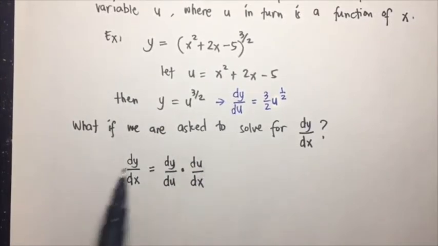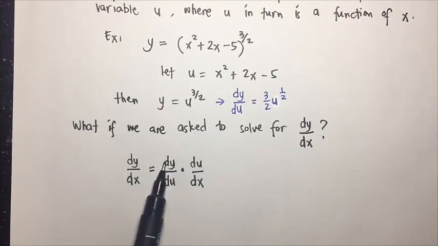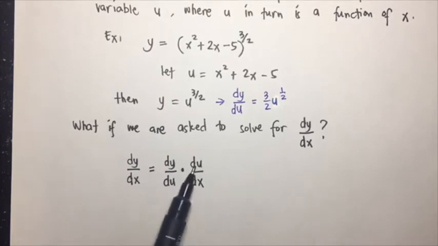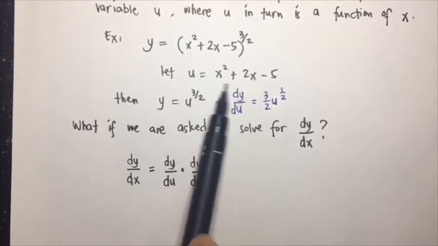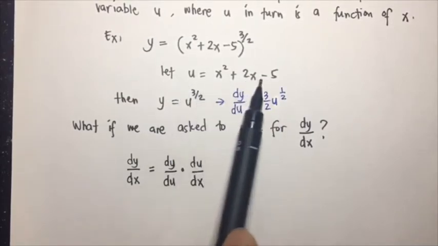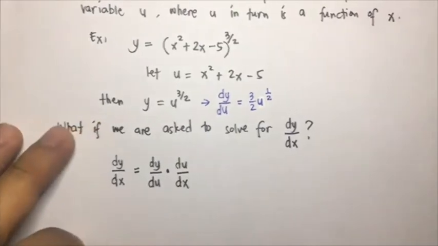To solve for dy over dx, we need to multiply dy over du by the derivative of u with respect to x. We have here our u, so from here we can get du over dx.